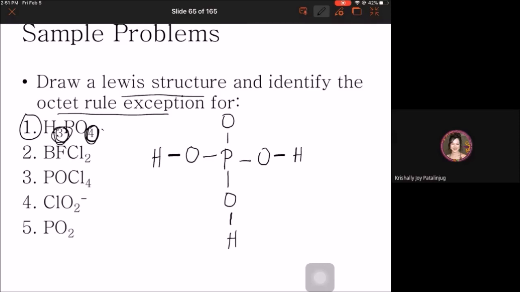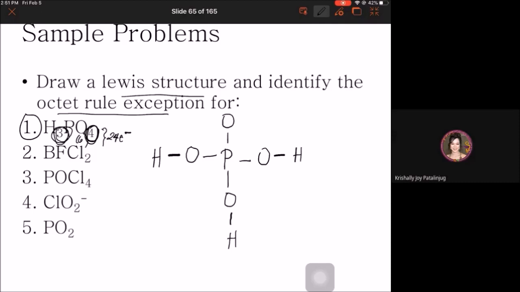Next, total the valence electrons. You have oxygen 6, so 6 times 4 is 24: 6, 12, 18, 24.